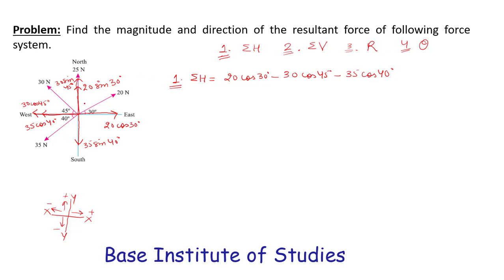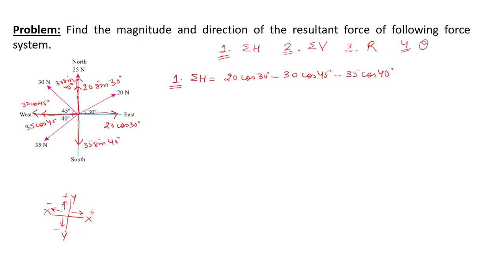This 25 Newton has no horizontal component and is in the vertical direction only. So by doing this calculation we will have sigma h equal to minus 30.7 Newton.